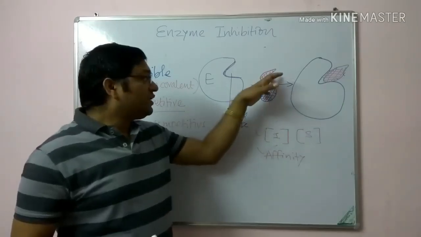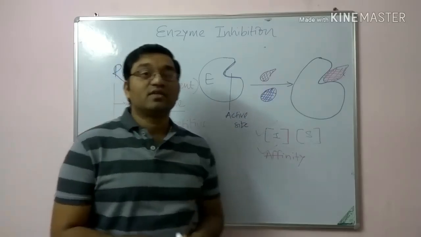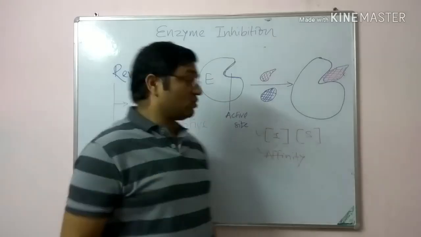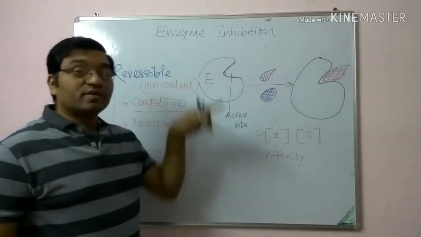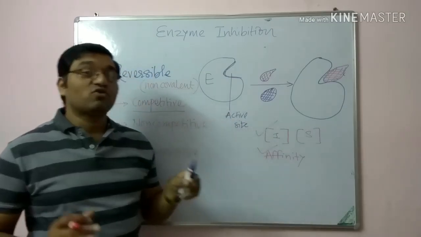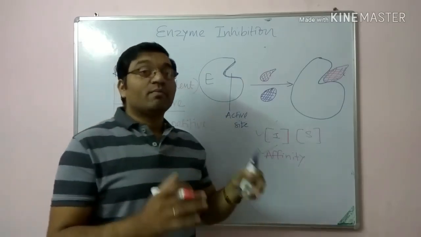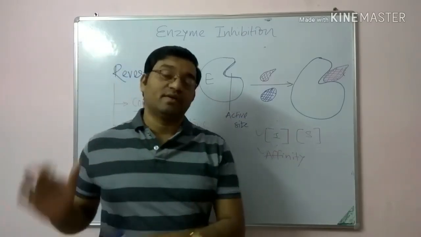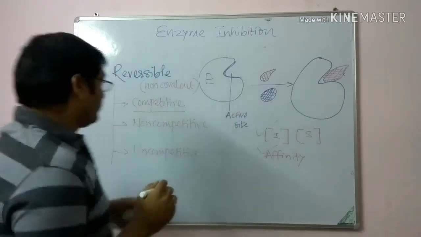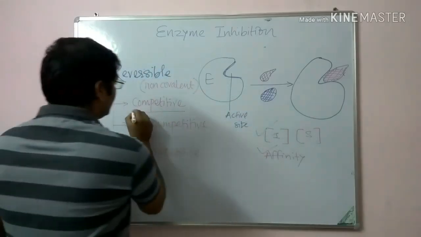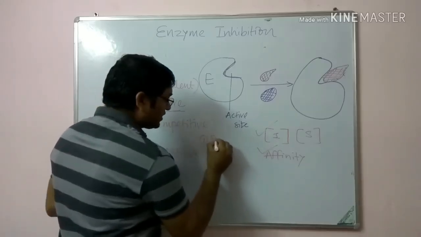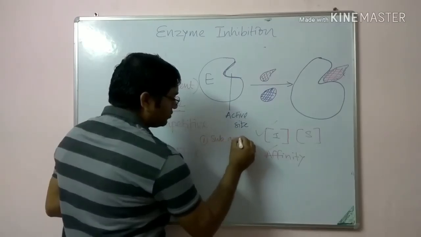because the inhibitor resembles the substrate, and the terminology is that the inhibitor is a substrate analog. That's why it competes with the substrate for binding with the active site of an enzyme. So the first important point in competitive inhibition is that the inhibitor is a substrate analog.